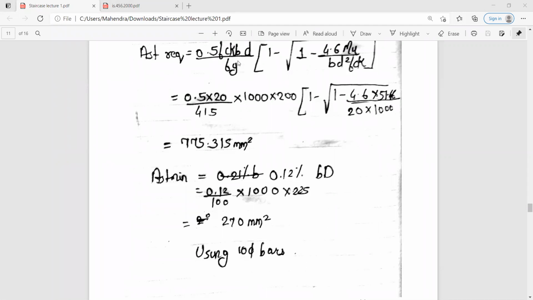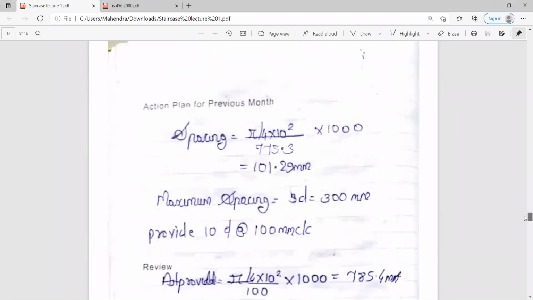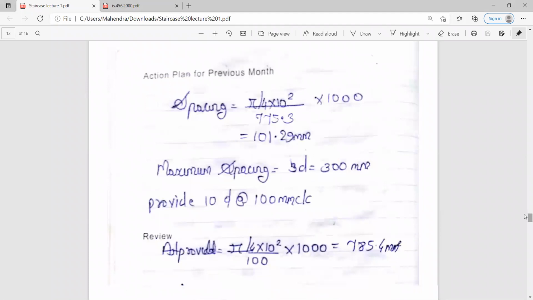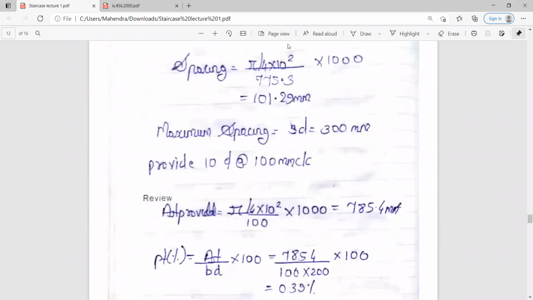Okay. So using 10 millimeter bars, you have to calculate the spacing. That is pi by 4 into 10 square upon AST required, that is 775.31, into 1000. So you are going to get spacing as 101.29 mm. After rounding off, you are going to get it as 100 mm. So provide 10 mm phi at the rate of 100 millimeter center to center.